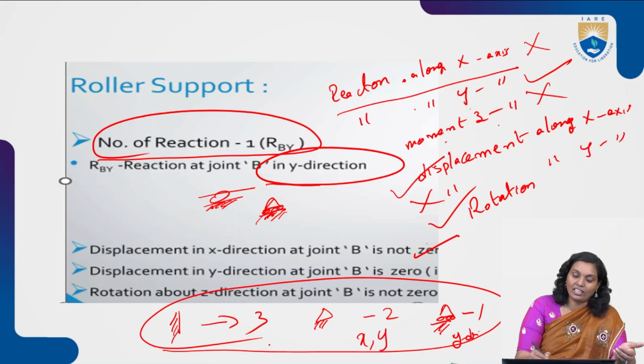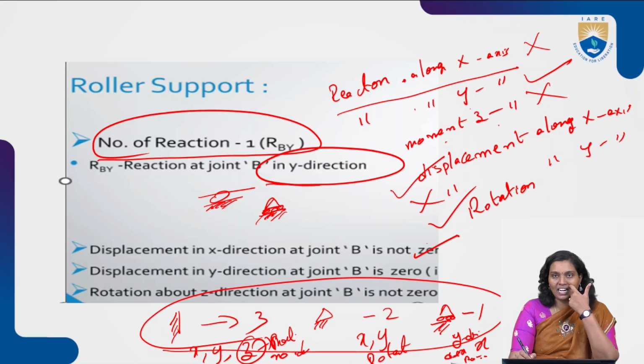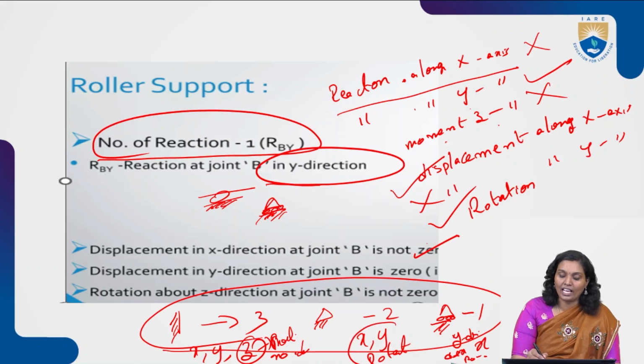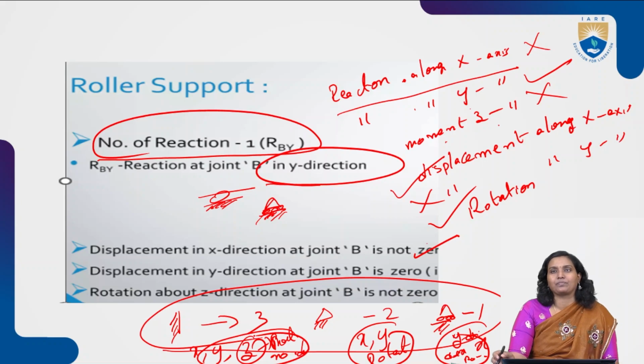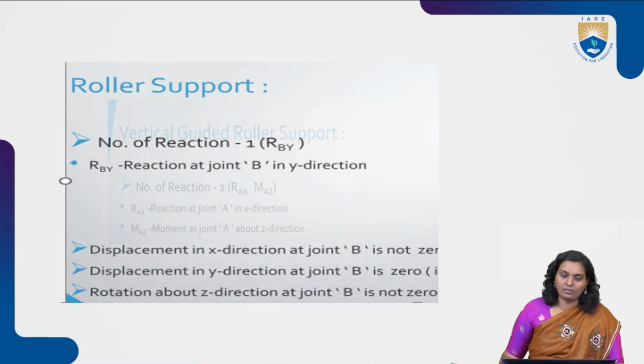Coming to the displacement in kinematics, displacement is there along x-axis and rotation is also there. Like this, we are understanding the things, finally XYZ, XYZ, XYZ. We have to understand the reactions like that. These are helpful for better understanding about the structures.